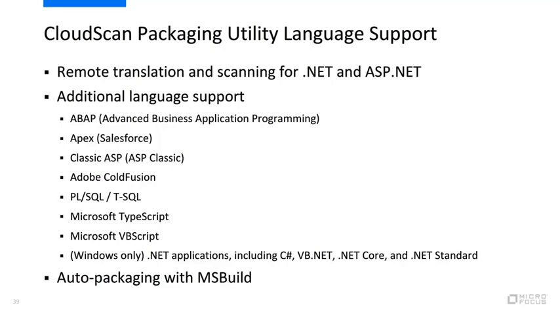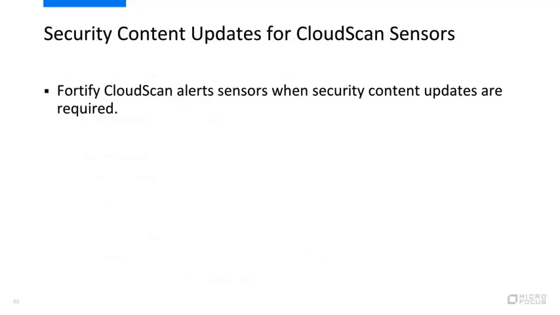This CloudScan utility also supports auto-packaging using MS Build, in addition to the Gradle and Maven build tools. Finally, when security content updates are required, CloudScan now communicates this to its sensors.